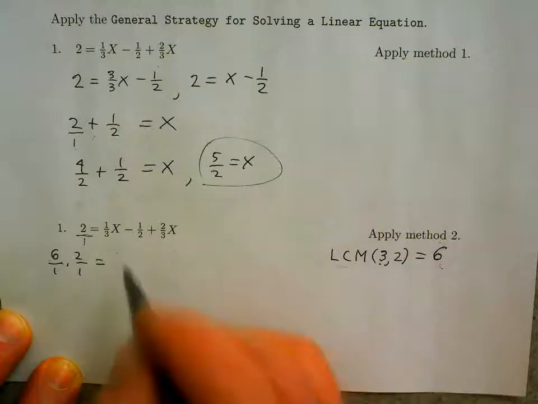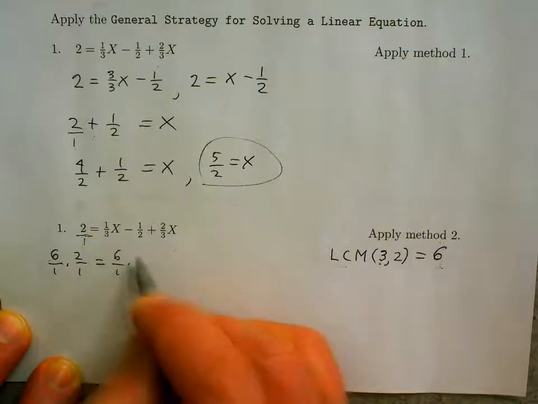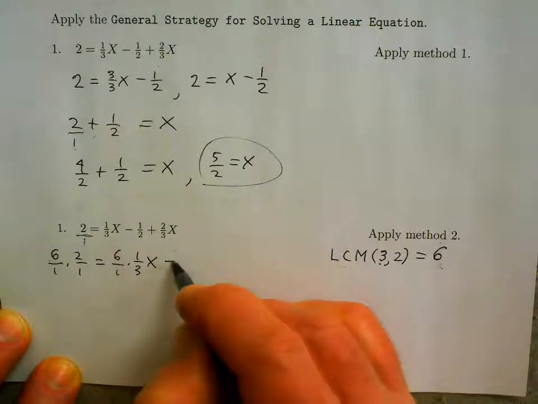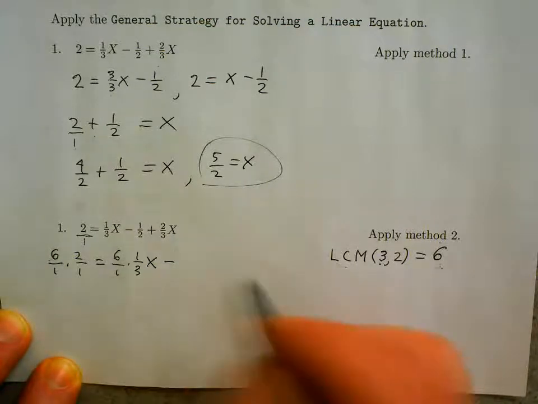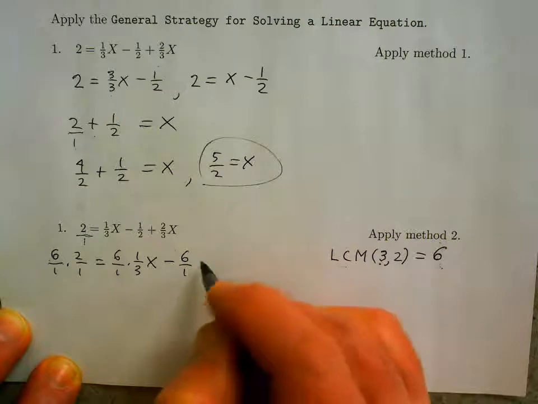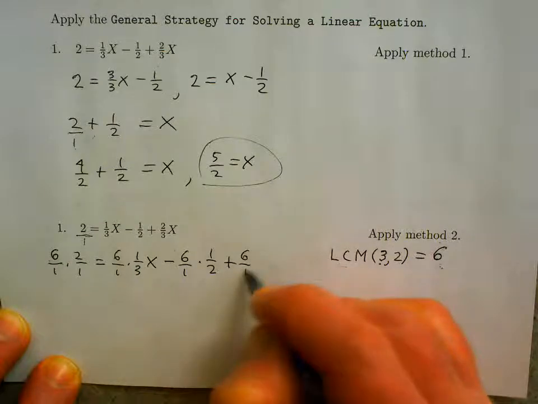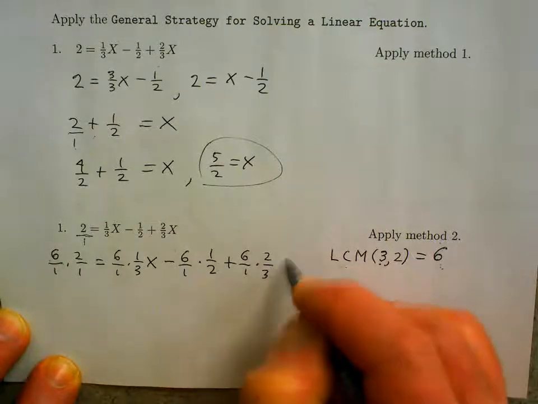Then multiply 6/1 times 1/3 times x. Multiply this number by 6/1. So minus 6/1 times 1/2. And then plus 6/1 times 2/3 times x.